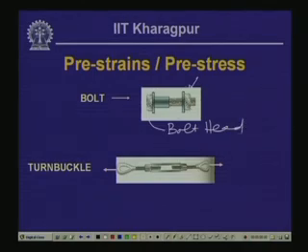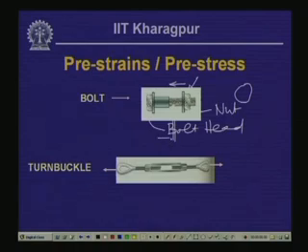Now, when this nut is rotated, if we start from one point and rotate it one complete round, the nut moves forward. This movement is over a length in the threaded part, which we commonly term as pitch.